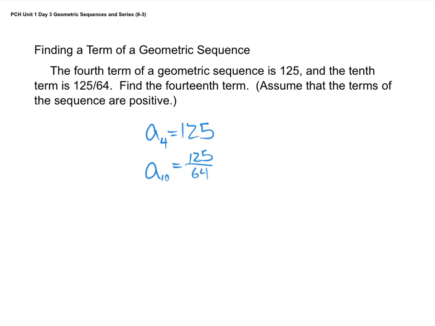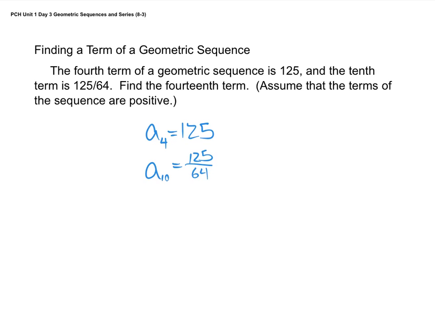Now, how might I go about figuring out what the 14th term might be? What are some things I have to figure out, Ben? You could put them in the same equation and then set two variables equal to each other. Okay, how might I do that?